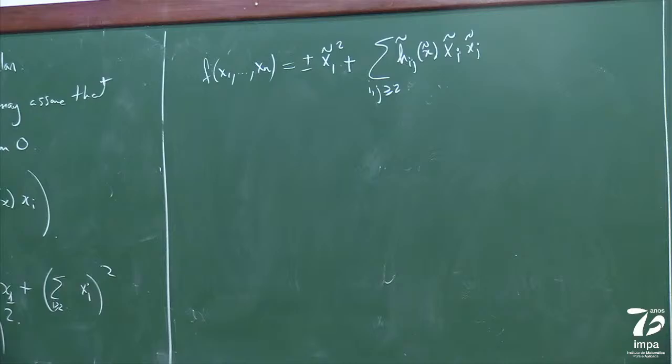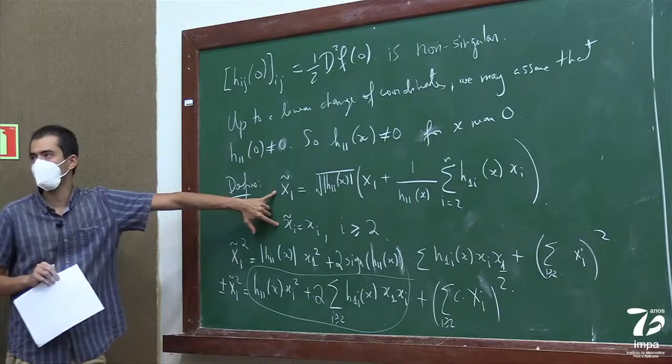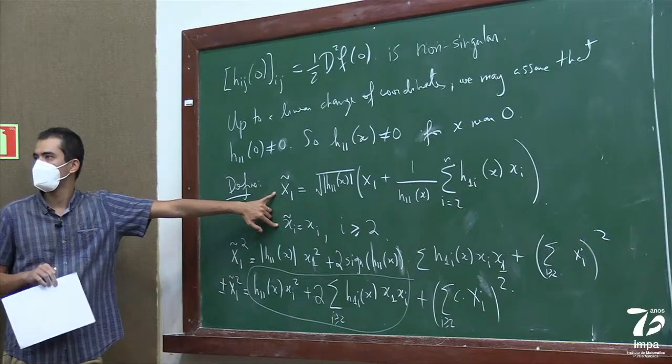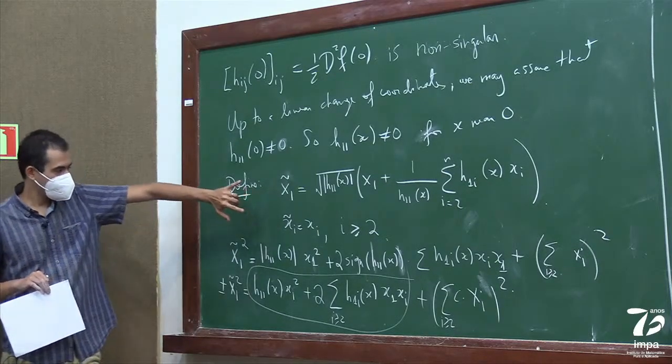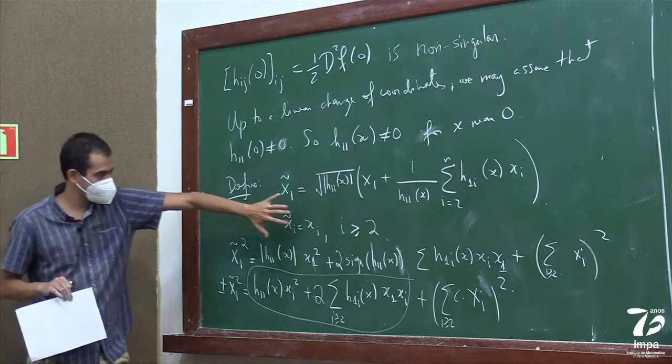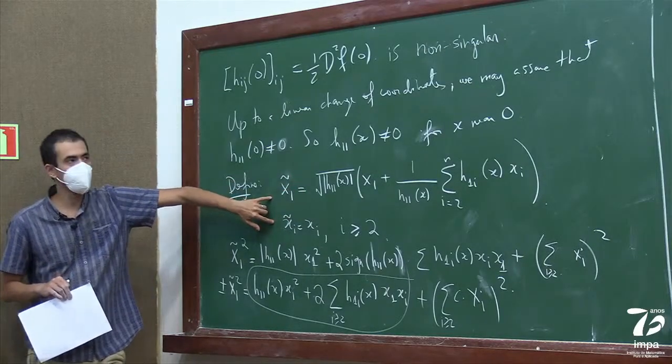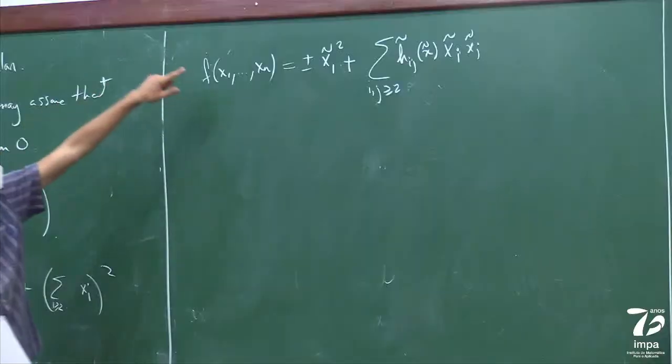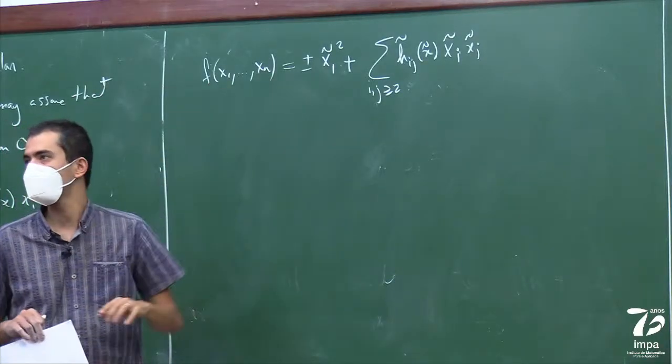Okay? So the one thing that we do need to say that's not done yet is to say that this transformation is a local diffeomorphism. Okay? So if we do say that, then this is a change of coordinates where I can write my function like this.